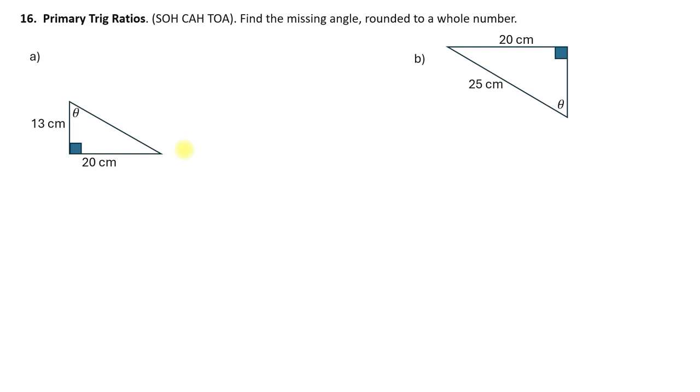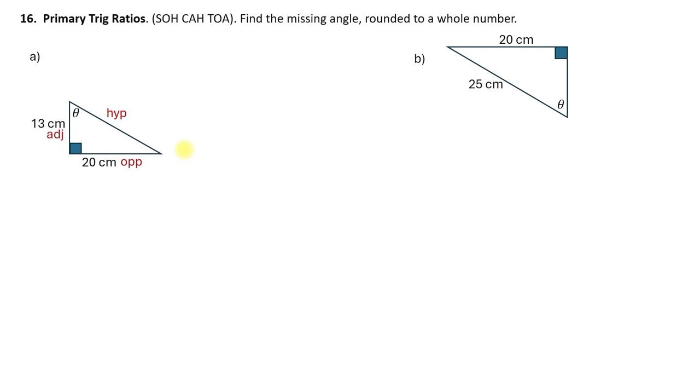Question 16. Here we're asked to find angles. So our reference angle is what we're trying to figure out. Once we know what the reference angle is, we can label our right angle triangle.